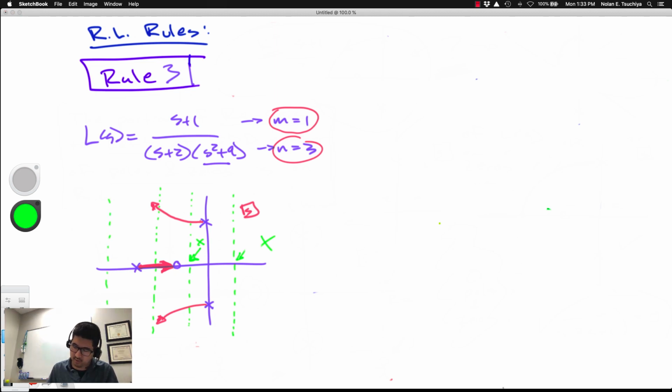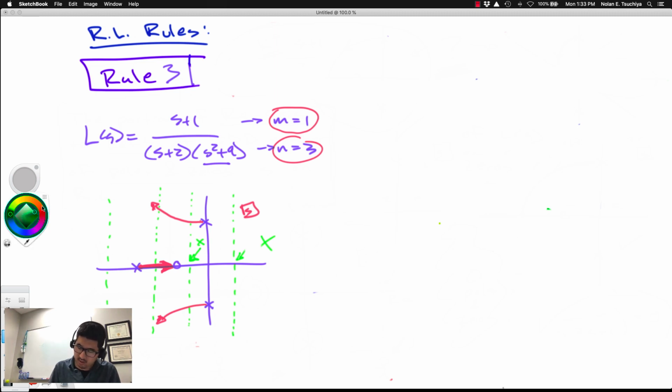Anything further to the left of the pole at -2, now I am to the left of 4 poles and zeros. 4 is not an odd number, and therefore none of this part of the real axis to the left of this pole should be part of the root locus. Okay, so I would argue that this picture of the root locus satisfies rules 0, 1, and 2 so far.